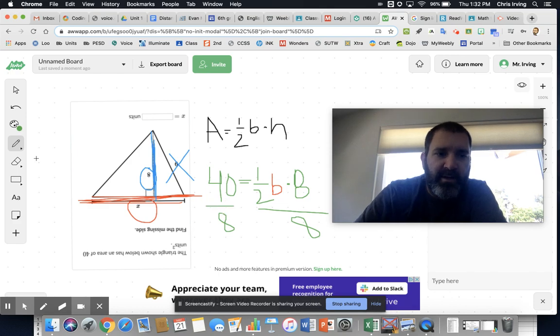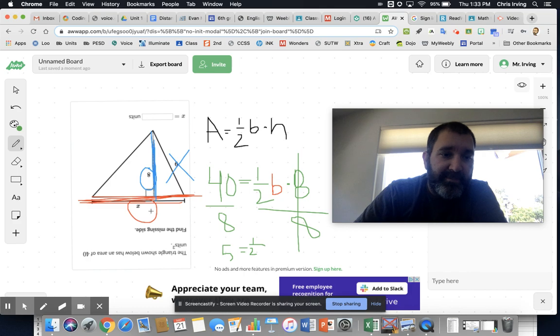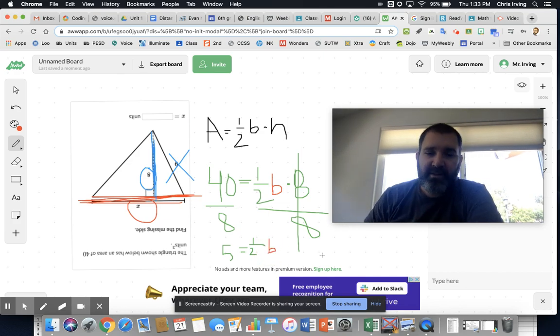When you do that, this goes away or cancels out, and 40 divided by 8 is 5. So we would just say that 5 equals half B. And I don't know why I'm using B. I probably should be using X. My bad. Well, it is what it is. It's an unknown, right?